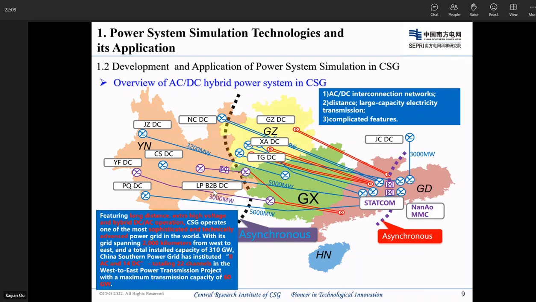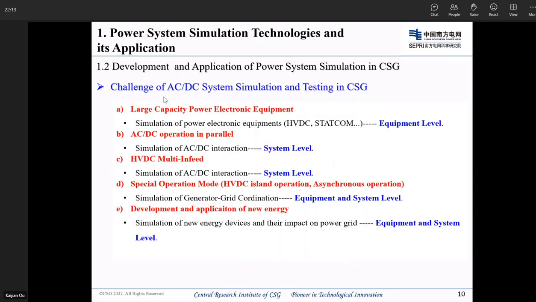So we have the challenge of simulating the AC and DC power system and testing in CSG. We have many challenges. The first challenge is large capacity power electronic equipment.